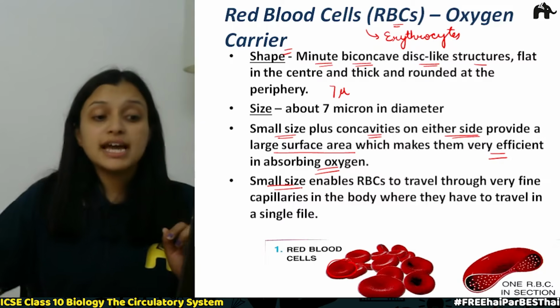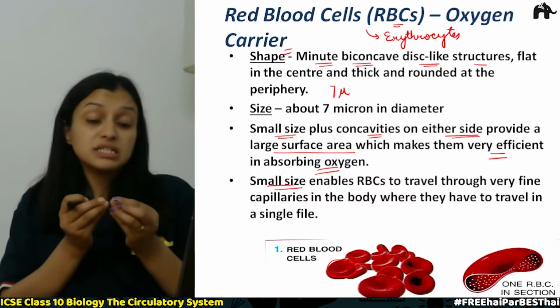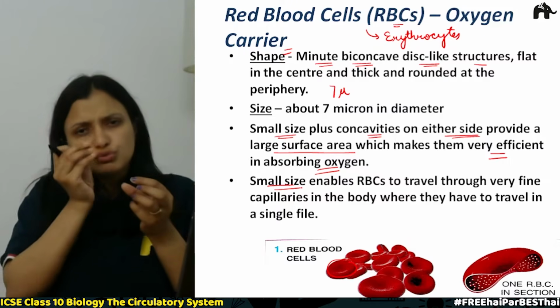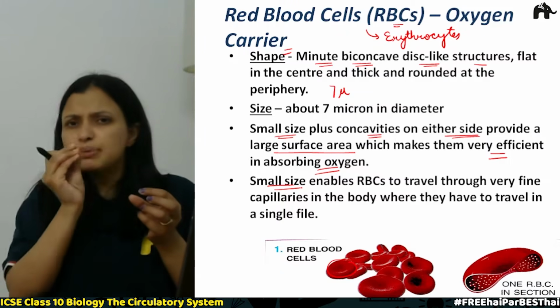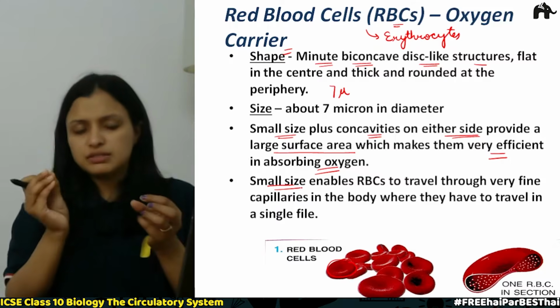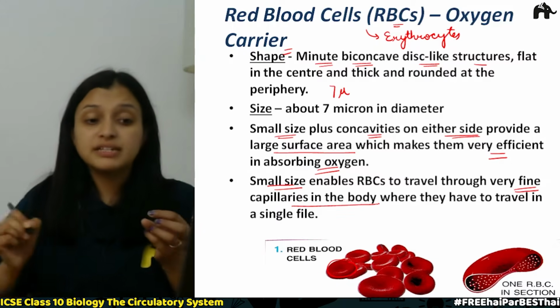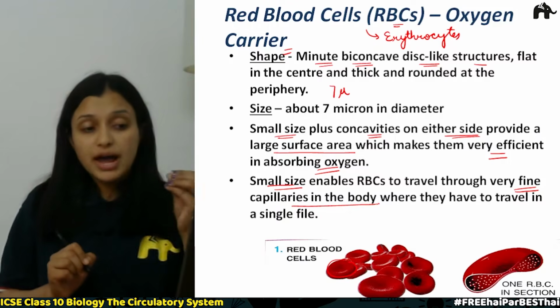Because they are very small in size, they can even travel through the minute capillaries. Capillaries have a very small size, right? So they can travel through very fine capillaries in the body. I hope this is clear.